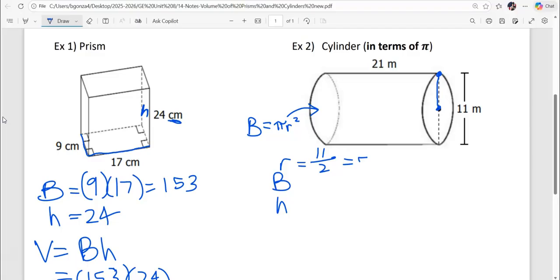Divide it by 2 and I get 5.5. Okay. So radius is always half, not the whole way. Now big B, we just said for a circle, area of the base of a circle is pi r squared, right? Pi r squared. And then we just said r is 5.5.